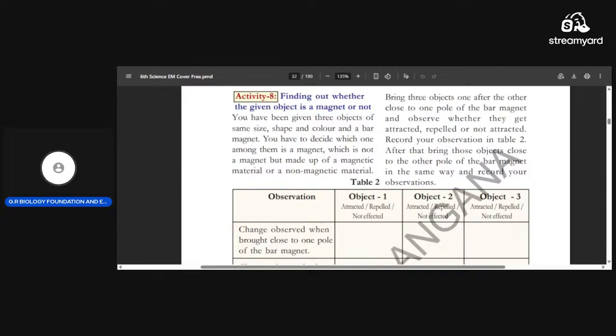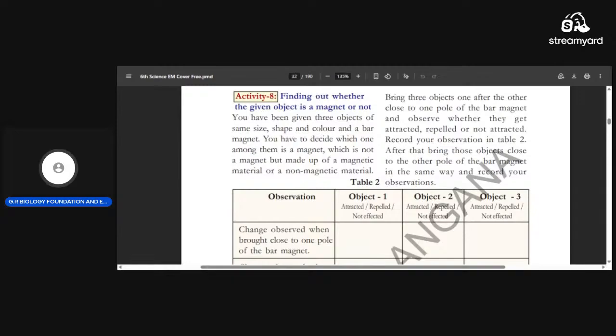Next, I am going to take another object. We know that it is a magnet, but to confirm it, if we test with the bar magnet, one side attracts and another side repels. So one side attraction and one side repulsion is there, so the given object is a magnet.